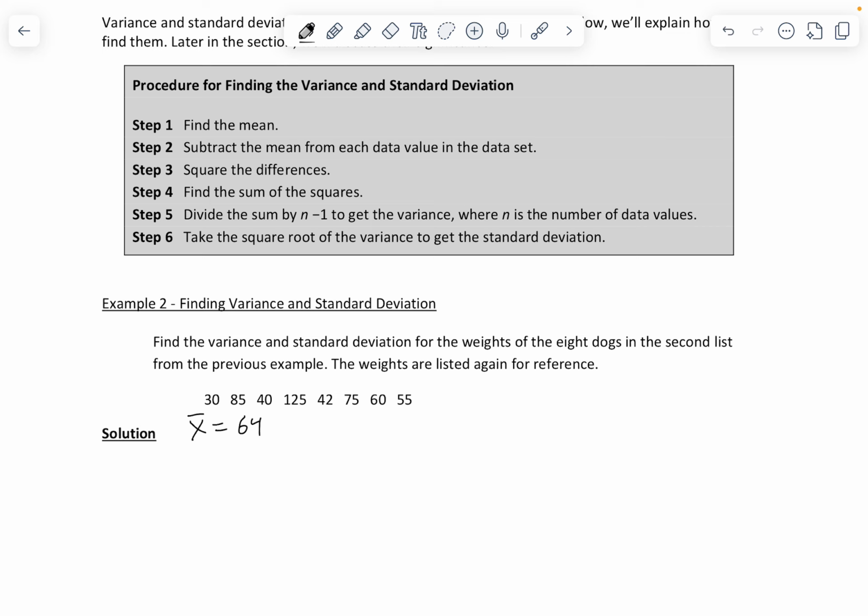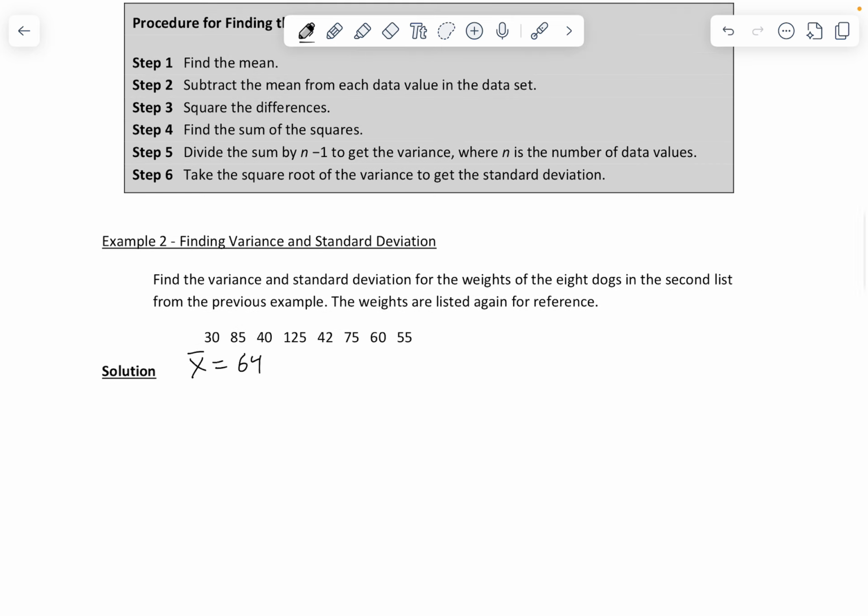Okay. Step 2, subtract the mean from each data value in the data set. So I'm going to take each of the 8 values in the data set, and I'm going to subtract 64 from each value. I've got 30 minus 64, which equals negative 34.